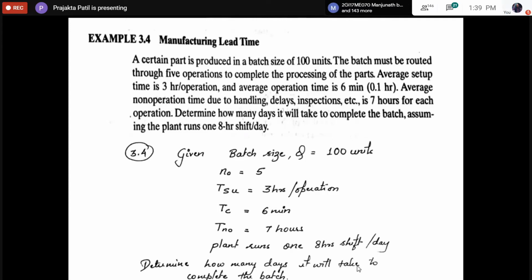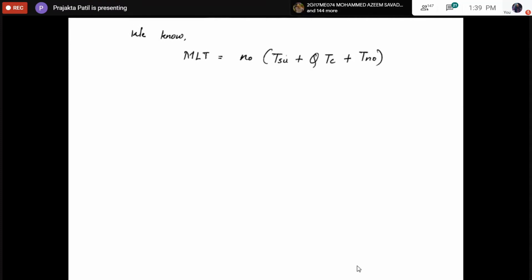Now, how do we solve this? Let us start with manufacturing lead time. That is the time required for one part to be produced, the total time. So this is the equation.